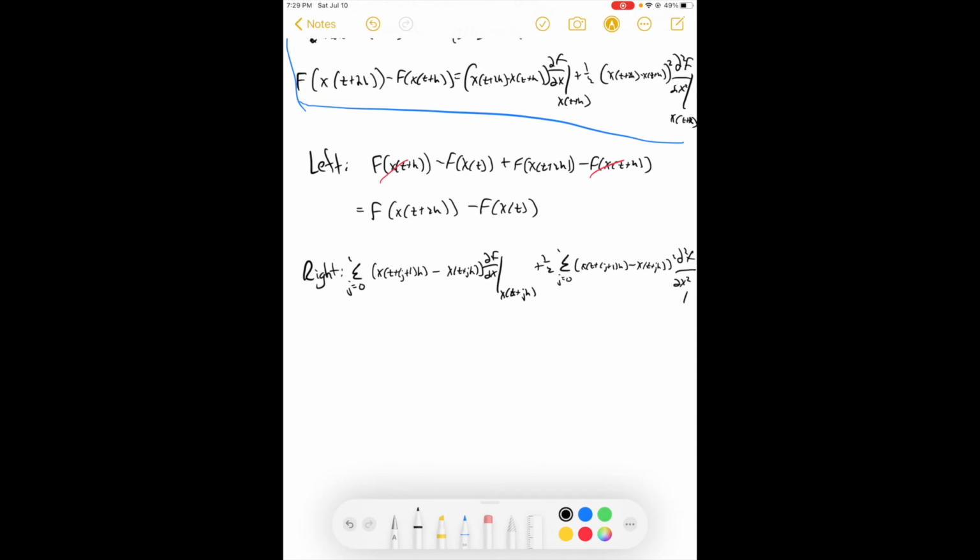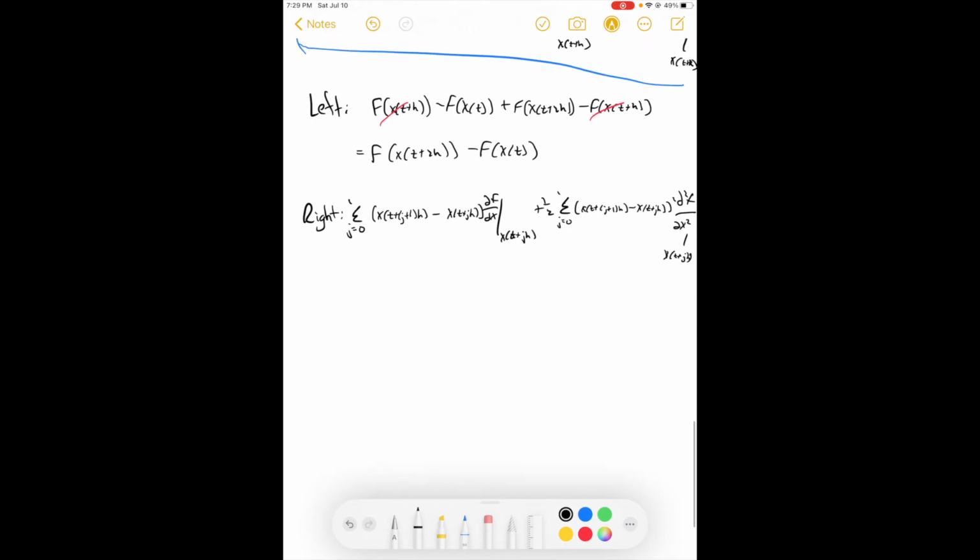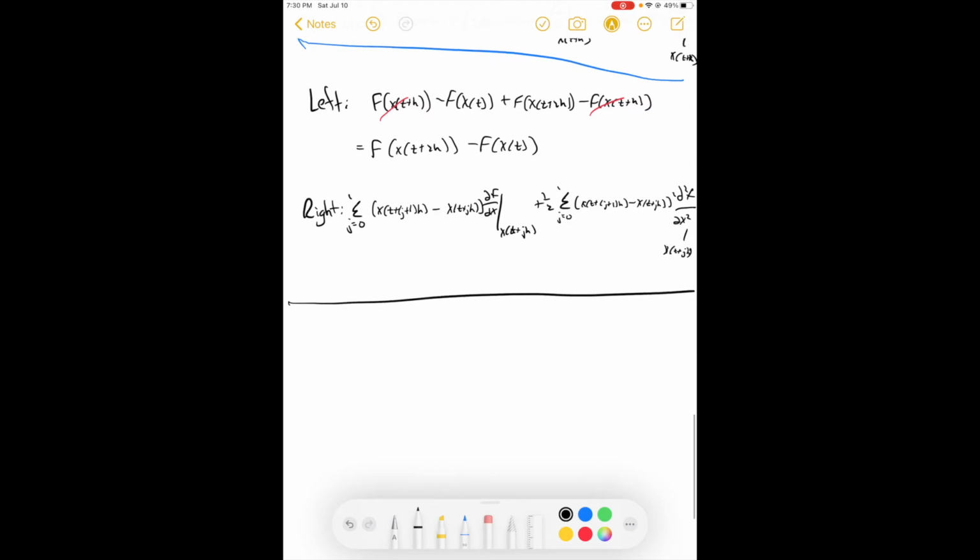And that's also evaluated at x of t plus jh. And we're using this sum because we're about to just sum up a ton of these things. An absolute ton of f of x of t plus jh's.